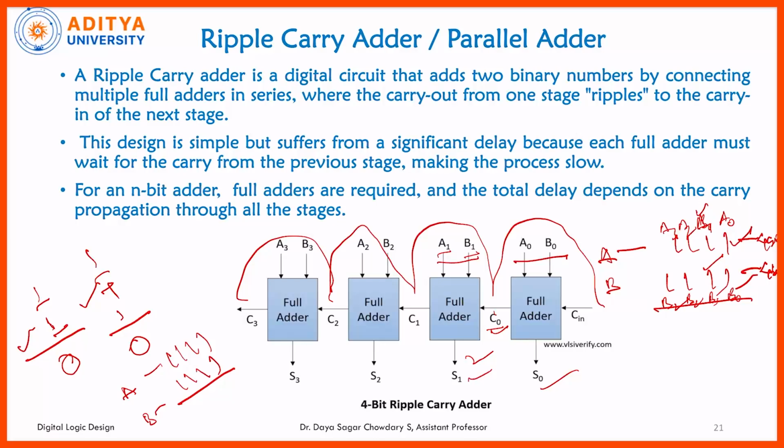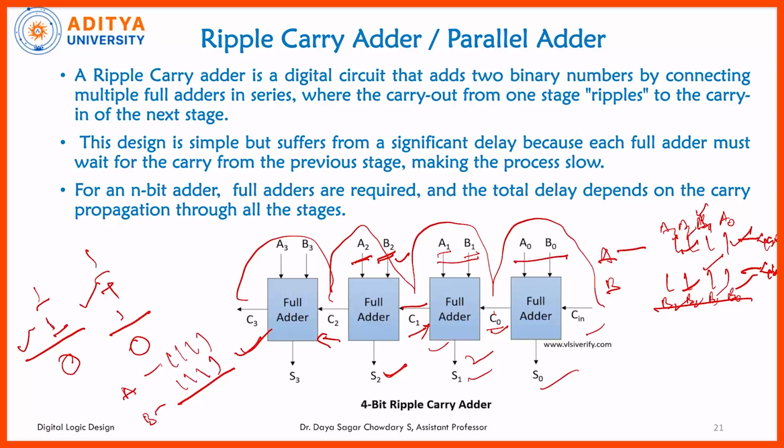Again we take S1 as the sum directly, but whatever carry comes from the second block, we take that as carry one, and again we transfer this carry to the next level. Then A2 with B2 and the carry is also there, so we add these three inputs, and finally we get the sum, and the carry we transfer to the next level. Likewise we continue from bit 1 to bit n.